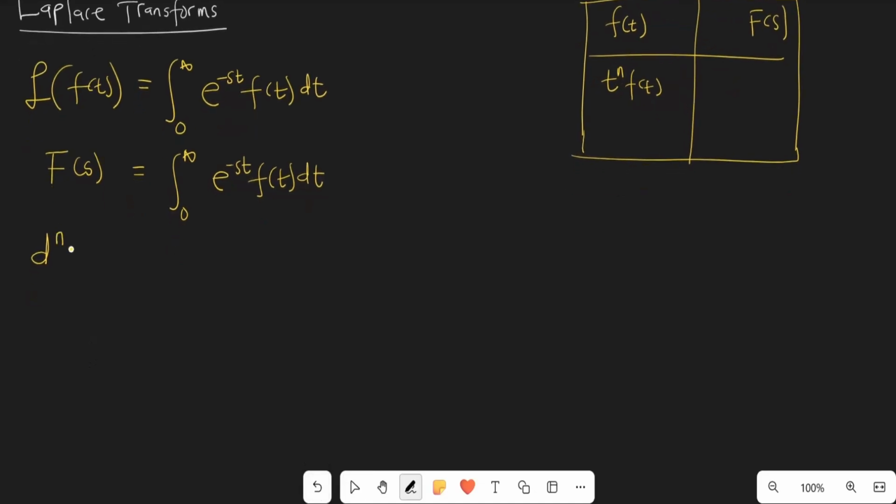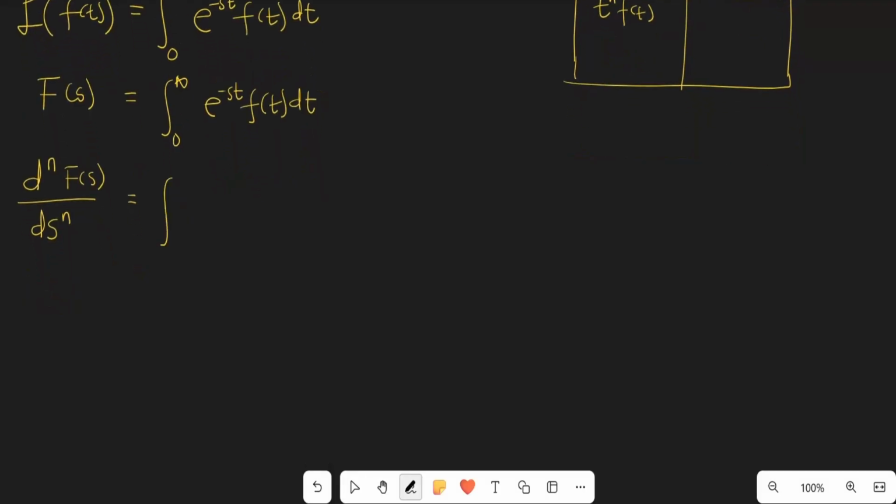So I'm going to differentiate this n different times: d to the n over ds to the power n. That is differentiating the Laplace transform of f of t n different times, and this is equal to the integral from 0 to infinity, taking the nth partial derivative of this function e to the negative st multiplied by the function f of t, and then dt.